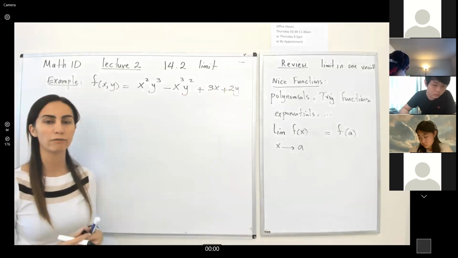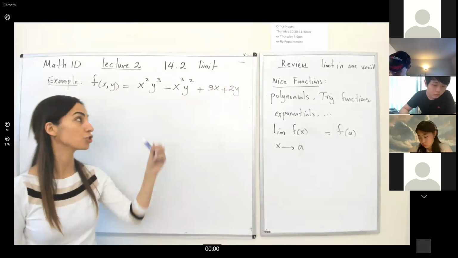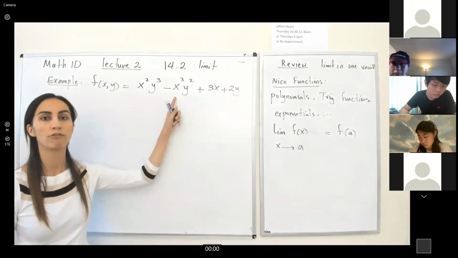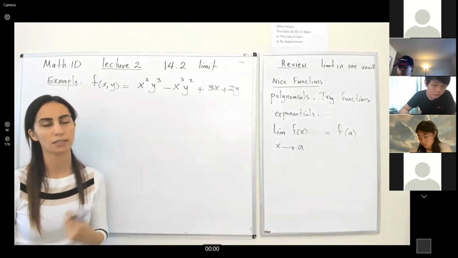So what do you have? You have a polynomial function in x and y. Instead of having just one variable, you have two variables. That's absolutely fine.